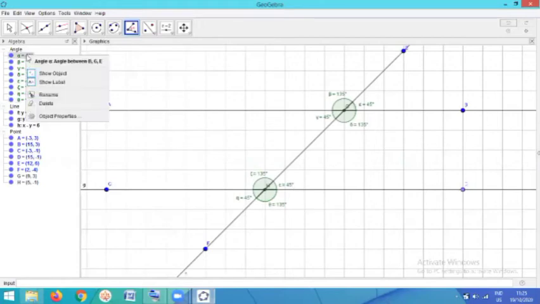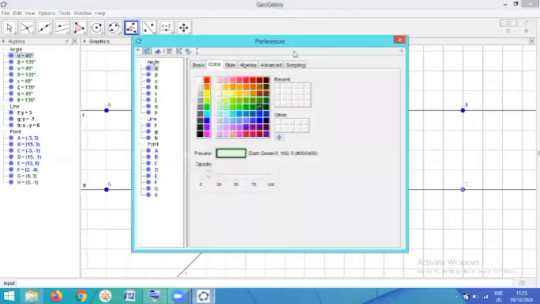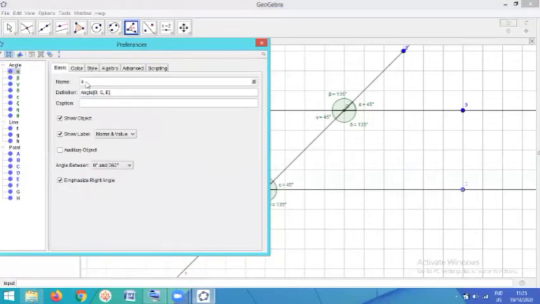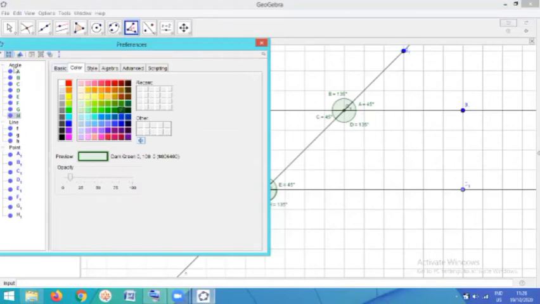So we click Object Properties. We name angle A, angle B, angle C, and angle H. We give the same color to angles of the same size.